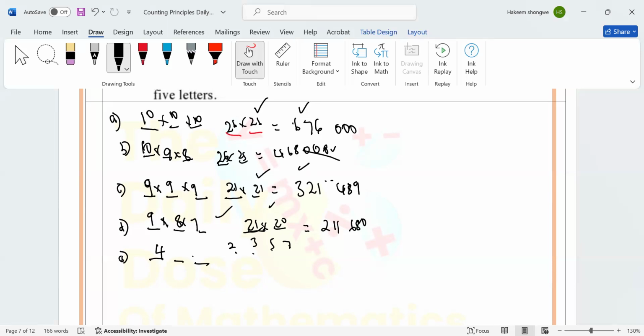Repetition is allowed, so again we have 4, and again 4. Multiply by 16, multiply by 16. The answer is 16,384. All in all, you can give yourself a mark out of 8.